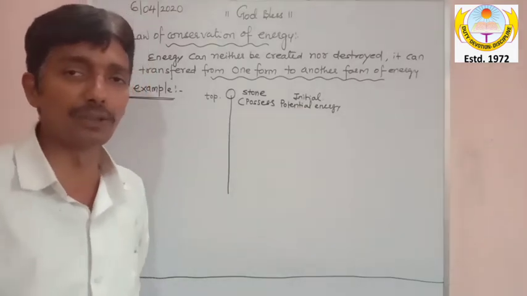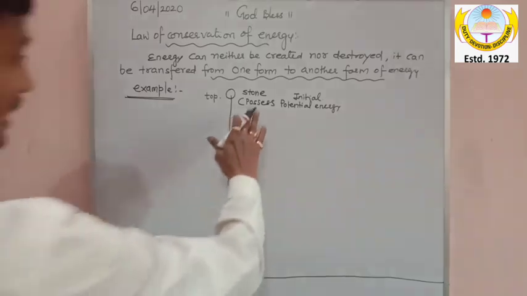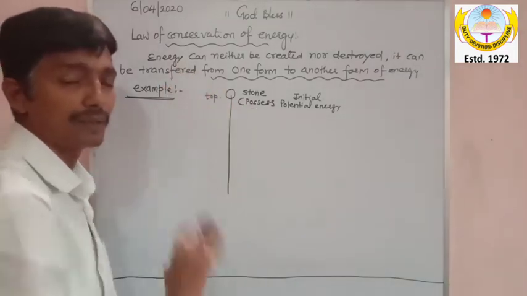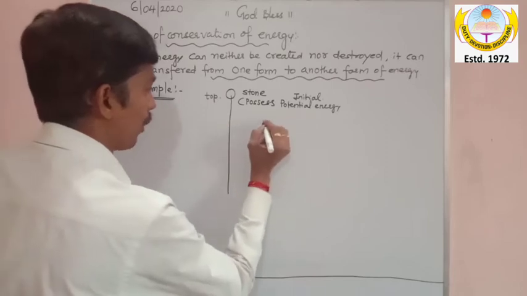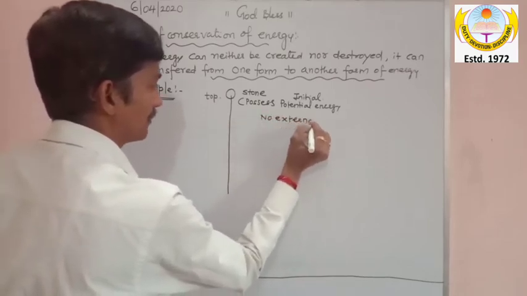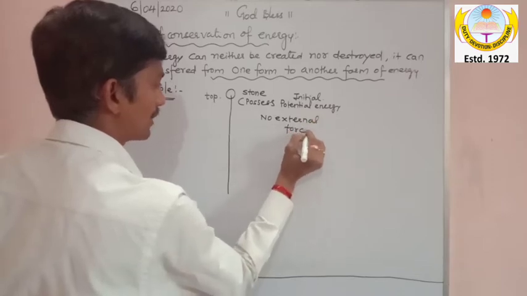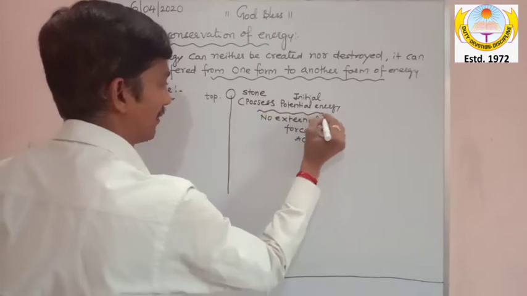Now, my dear, assume this initial potential energy is possessed at the top. Let's assume that there is no external force acting. No external force acting on this stone. Try to understand, this is the condition I have given.